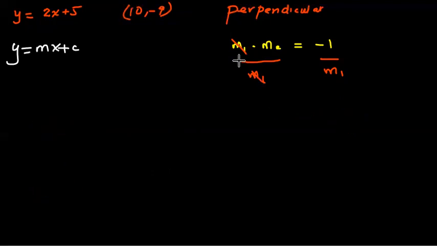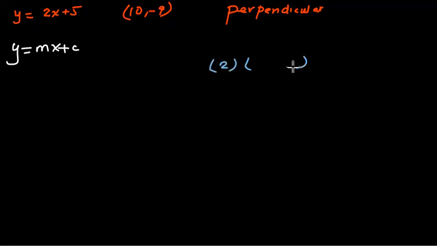So m is equal to 2. I need to multiply that by something, which is going to be m2. This is m1, it's 2, and that's going to give me -1. My trick says take the reciprocal of 2, that's going to be 1/2, and take the negative of it.